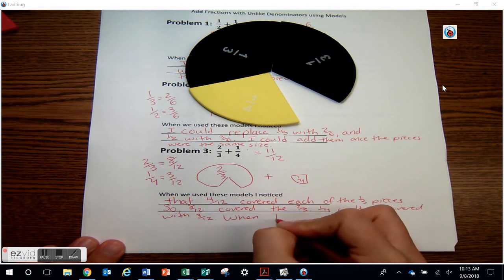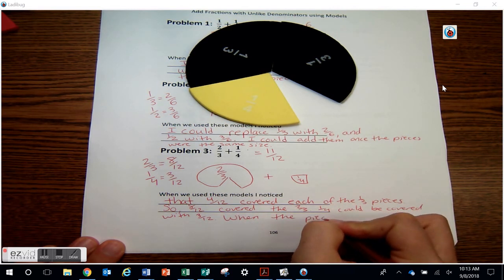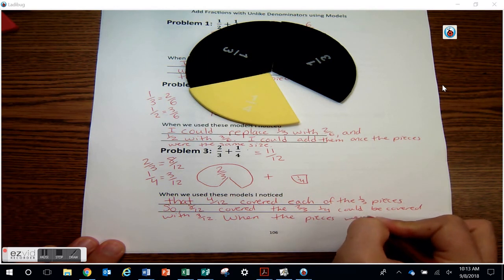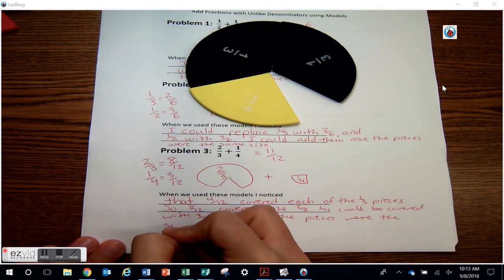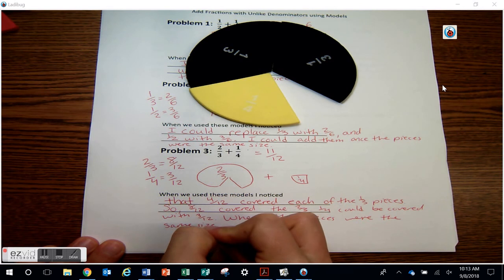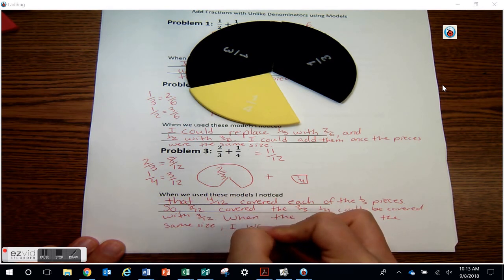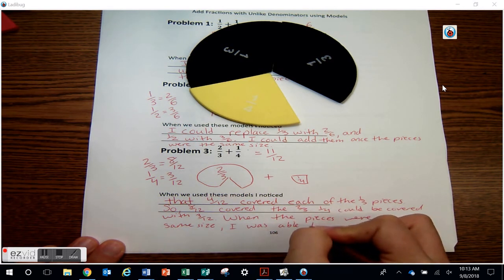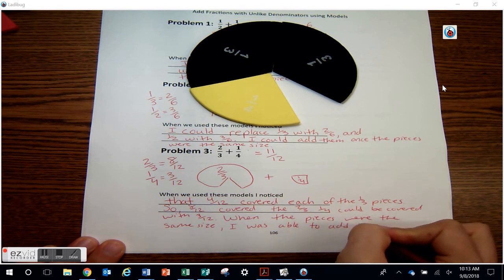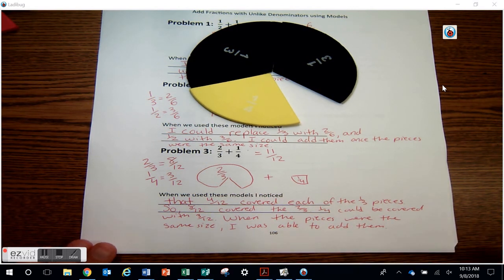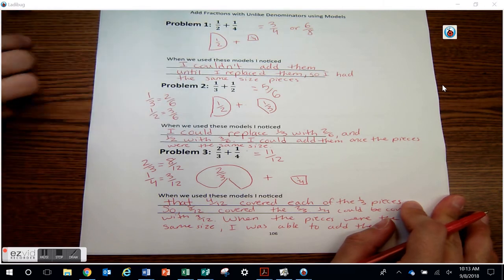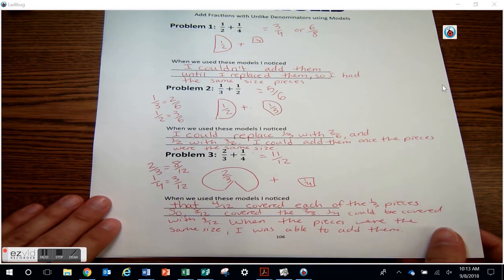When the pieces were the same size, I was able to add them. When the pieces were the same size, I was able to add them.